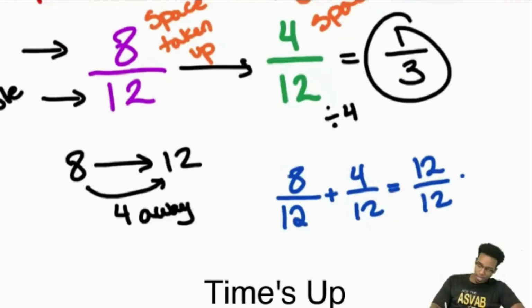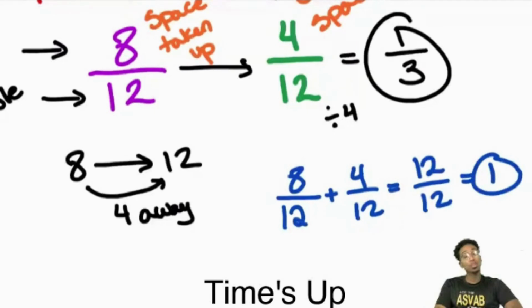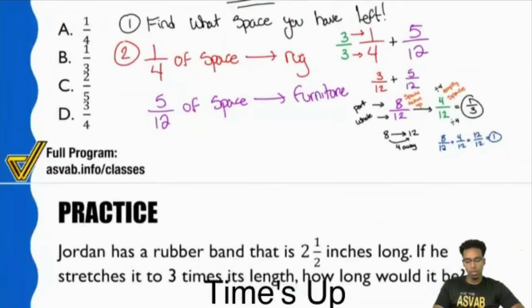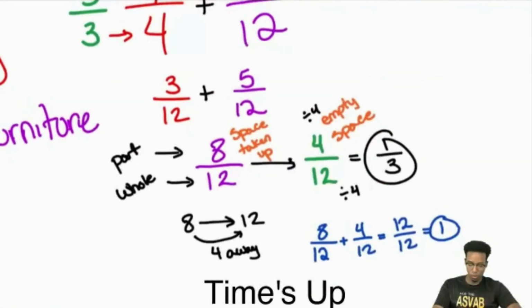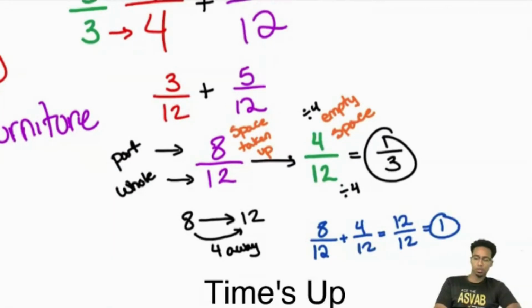That is 1, the whole thing, the whole living room. I want to make sure we carefully explain that, so hopefully I drove the point across. Let me give you the opportunity to take a screenshot if you'd like to.